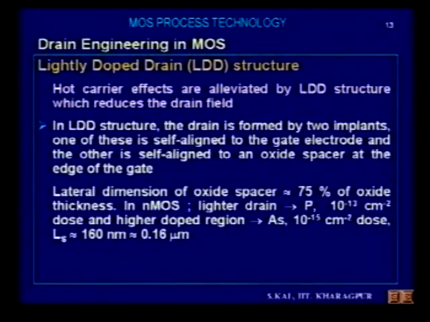In a typical NMOS, the lighter drain is N-type, a phosphorus diffusion. P is the dopant.